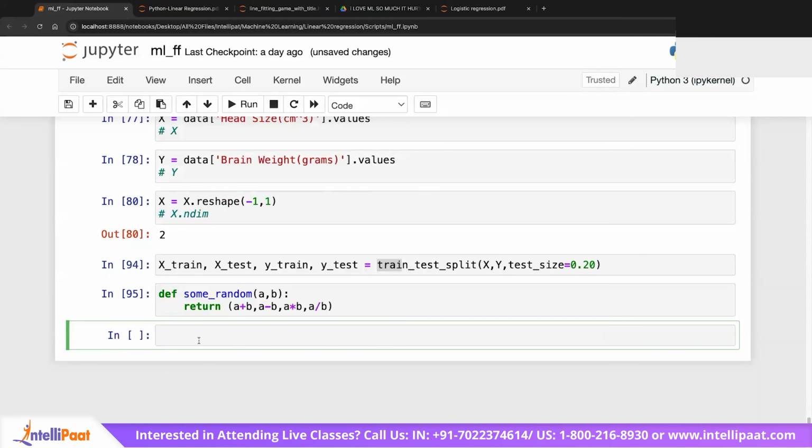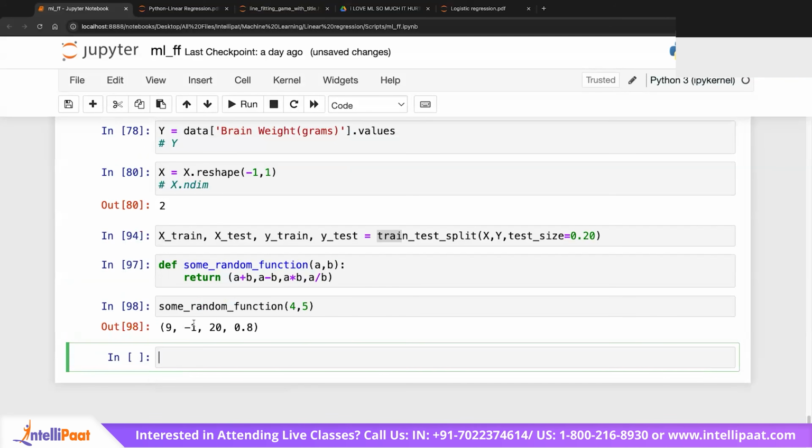Okay, I have written a function. I wrote a function called some random function. If I call this function called some random function, and if I pass in the number 4, 5, is it giving me 4 different answers?